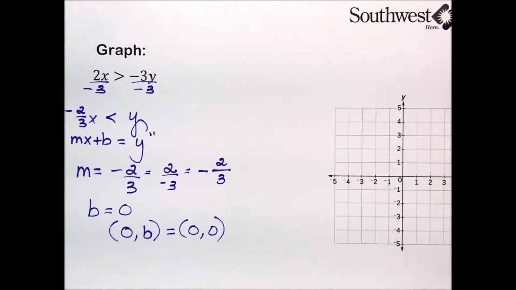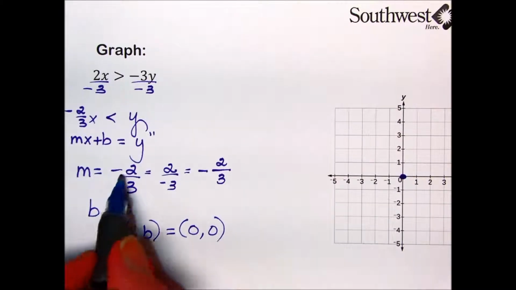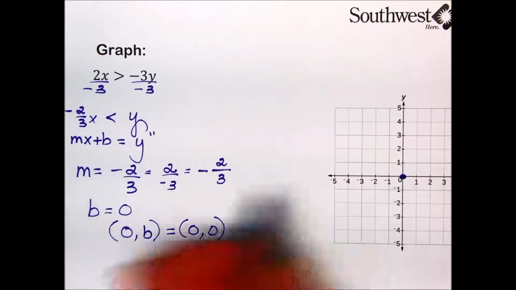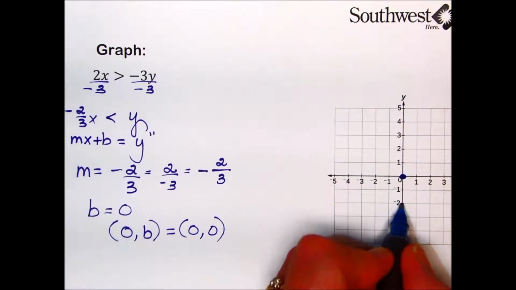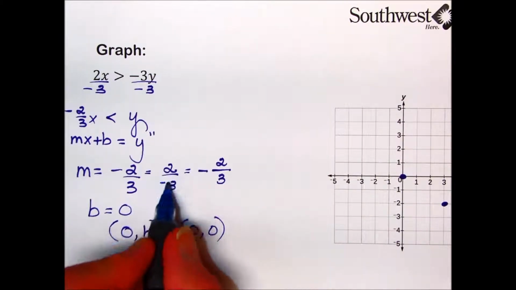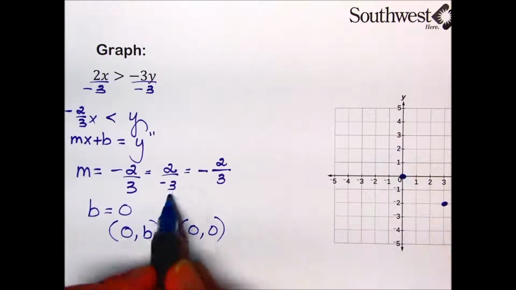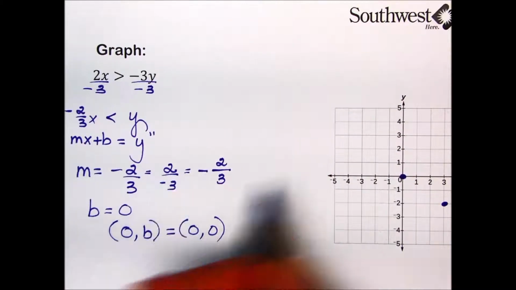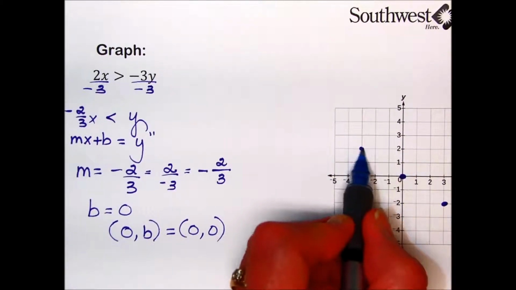So here we have our graph. We always start with our y-intercept, the origin, and your pick. If I choose the -2/3, that means I'm going to rise a -2, which is dropping down 2 for every 3 that I run. Or I could have risen a +2, but if I go up 2, then I need to run -3.